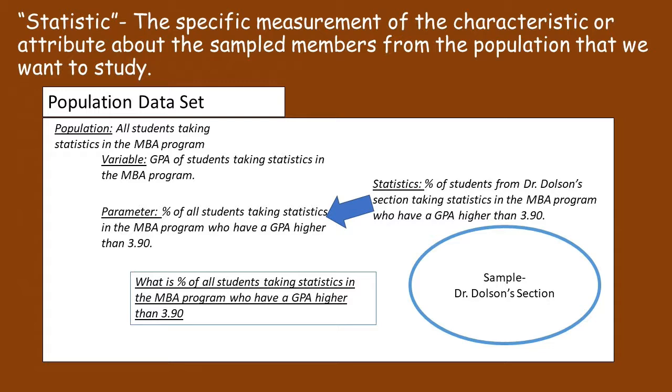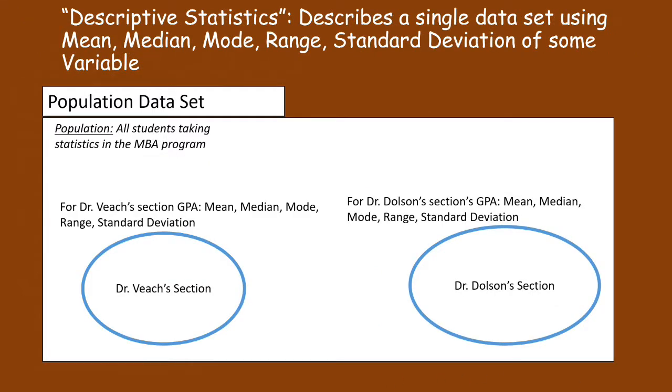So we're going to sample statistical data from, in this case, my section of students to draw some conclusions about the parameter we're looking at for the entire population. And that leads into this topic and discussion about descriptive statistics. There are two different branches we're going to look at: descriptive statistics and inferential statistics.